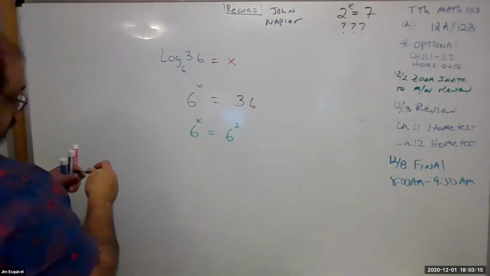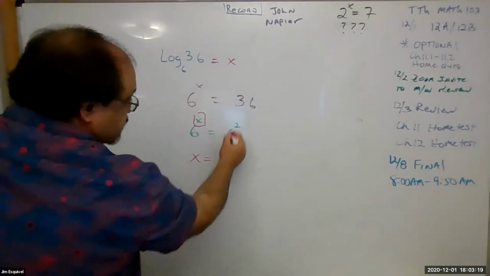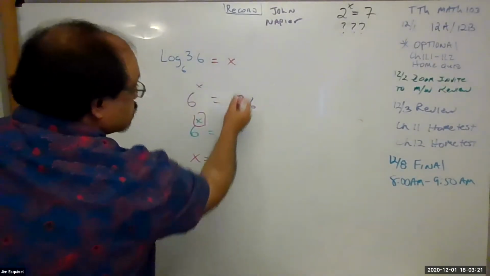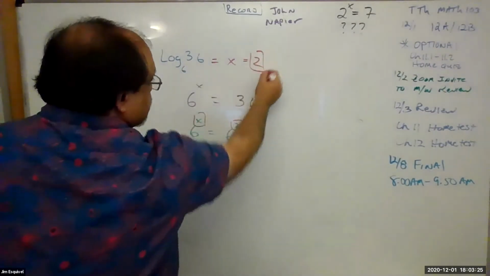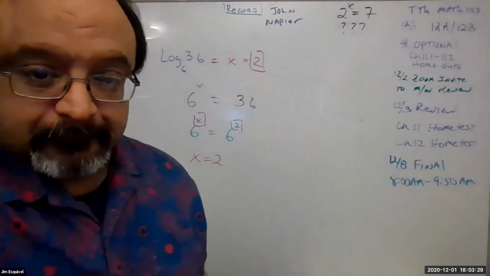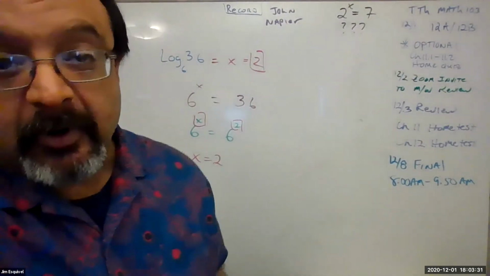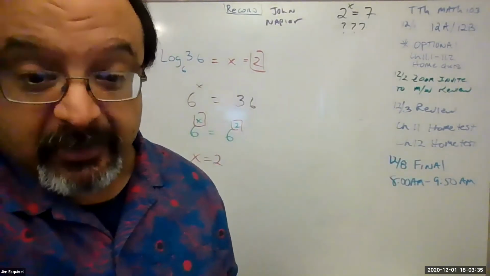So therefore, this x has to equal that too. Log base 6 of 36 is 2. That's what variables are for. When we don't know something, we use a variable. Then we can solve.